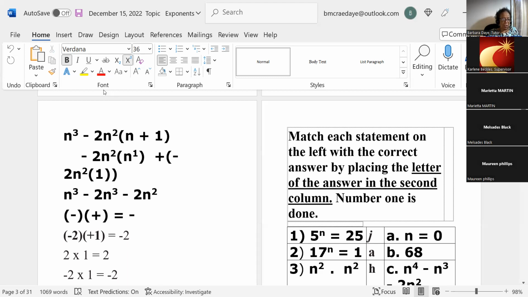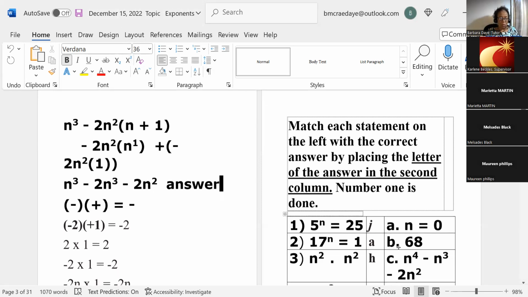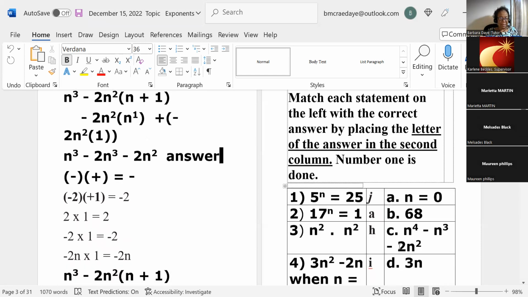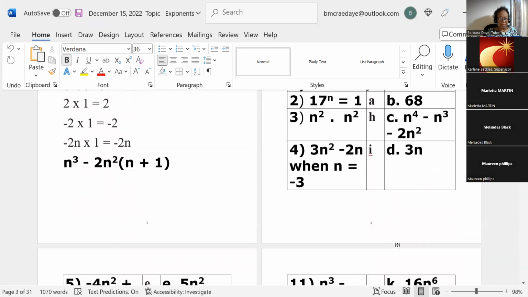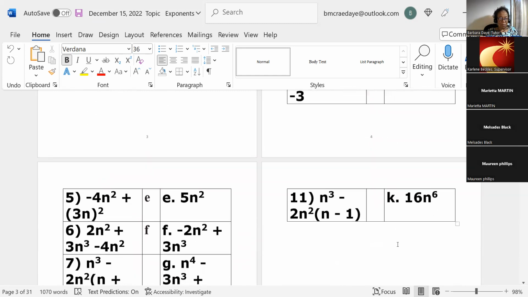That's the answer you get when you do the multiplication. Now look in your table. Which letter matches that?